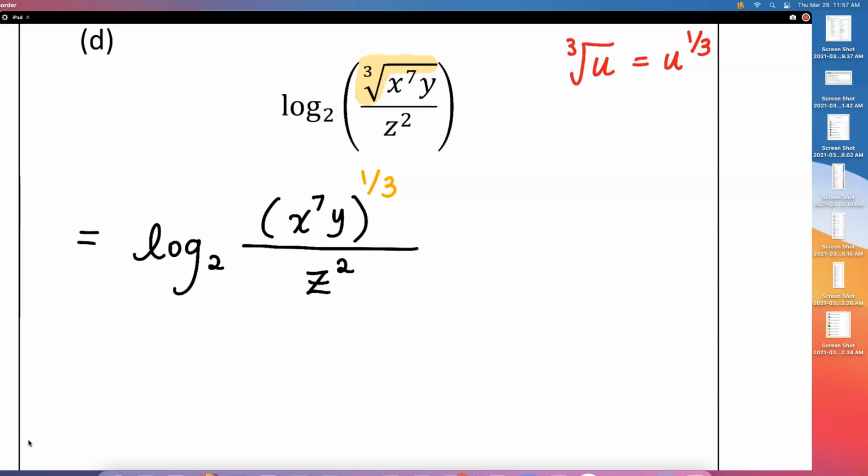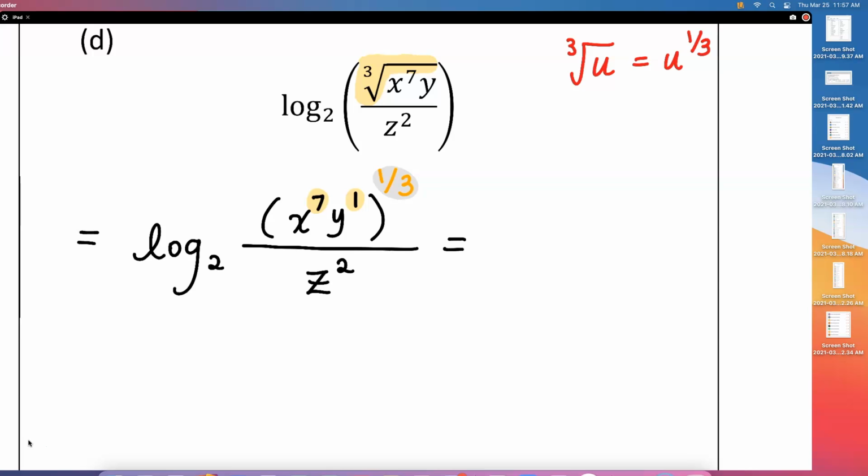Okay? Now, take a look. Inside that parenthesis, X is raised to the 7th power, but Y is getting raised to the 1st power, right? Because there wasn't an exponent written. So what I will now do is I'll multiply the 7 and 1 by this outside exponent of 1/3. Okay? Ready?